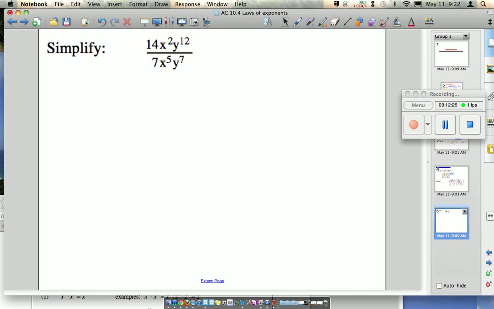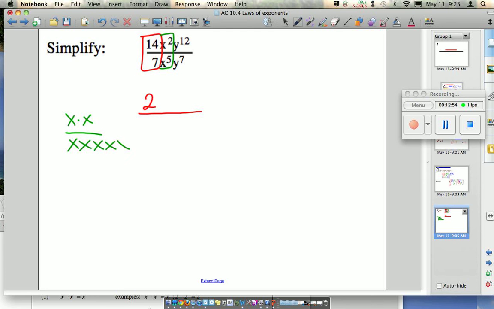So now what if we have this big fraction? Hopefully you see what this simplifies to. Nice thing is everything's written in a nice organized way already. 14 over 7 is just 2 on top. Now we look at our x's. Let's see, I have 2 on top and 5 on bottom. So that means if I wrote it out, I have 2 on top and 5 on bottom.